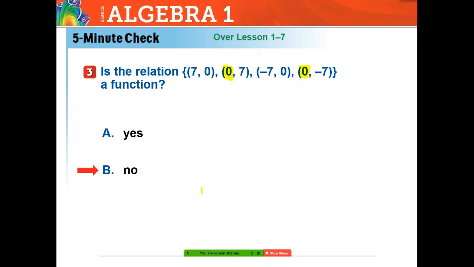So what that means is my x values repeat. If my x values repeat, then it is not a function. In order to be a function, it says for every x, there is only one y, meaning x's do not repeat.